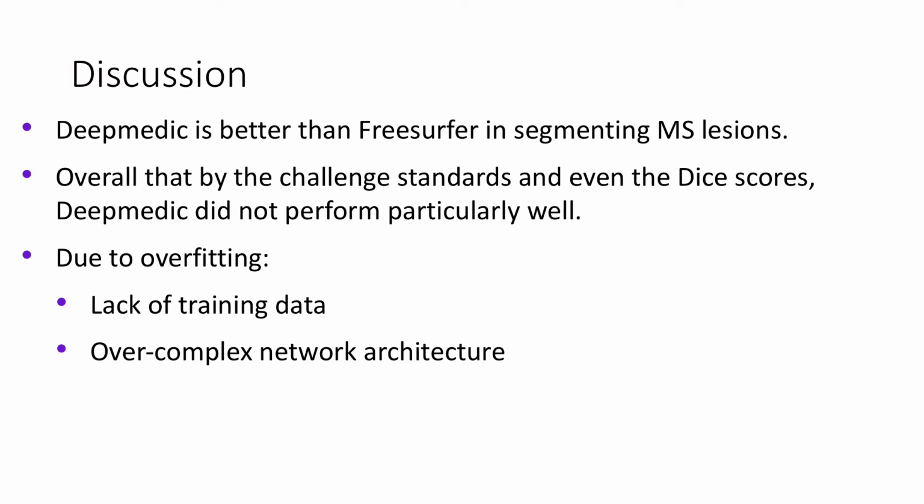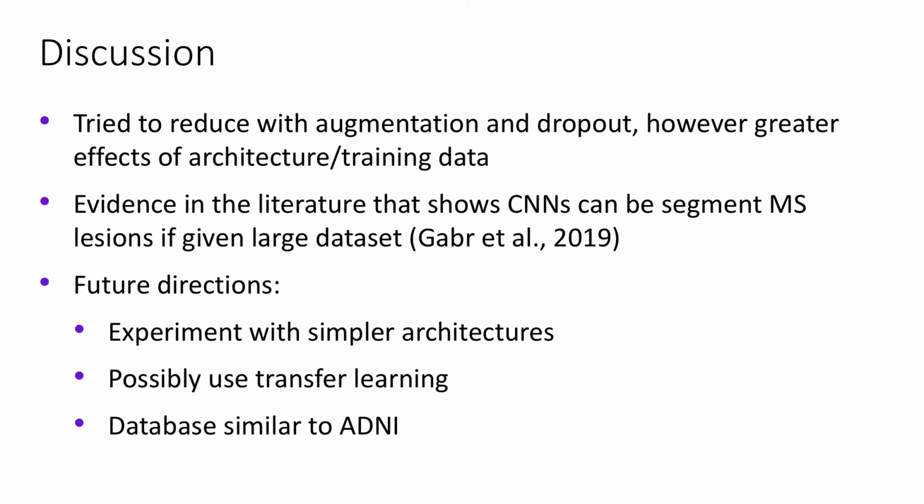In terms of what the results show, we can see that Deepmedic is better than Freesurfer. However, this is only marginal in segmenting MS lesions. Overall, however, by challenge standards and including dice scores, we can see that Deepmedic did not perform particularly well. This could be primarily due to overfitting, which can be caused by the lack of training data or the overcomplex network architecture of Deepmedic itself.